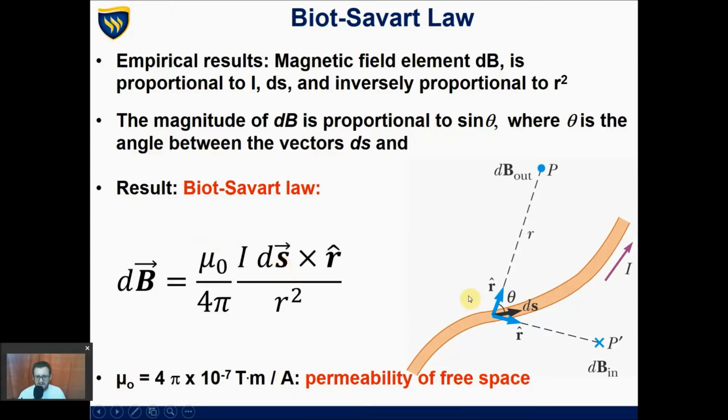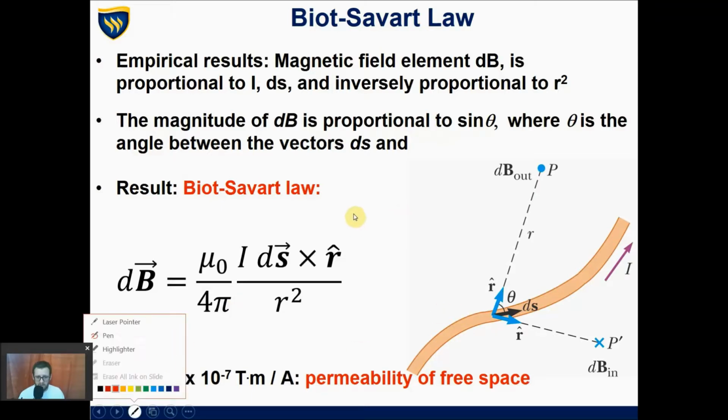Now ds, of course, is this infinitesimal piece of wire or piece of conductor or whatever the current's flowing through, and this vector has the direction of the current at that instant. Now what is r hat? Well, that is the unit vector that gives the direction of r squared.